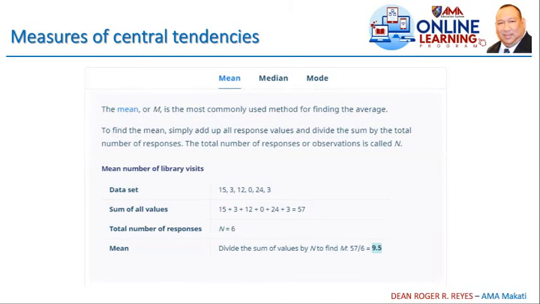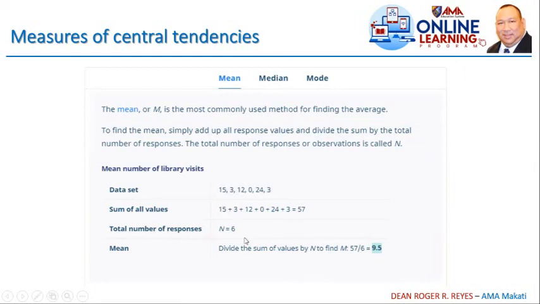Okay. So data set. For example, this represents the data: 15, 3, 12, 0, 24, and 3. So we sum, we get the total of all the values: 15 plus 3 plus 12 plus 0 plus 24 plus 3. We arrive at 57. Now, how many is the total number of responses? 6. 1, 2, 3, 4, 5, and 6.